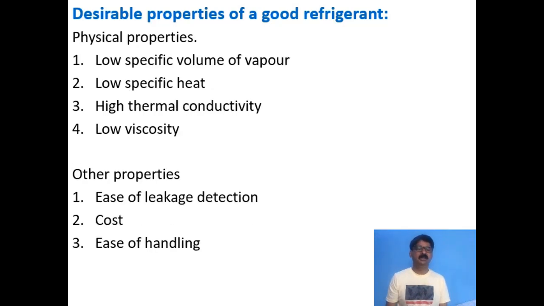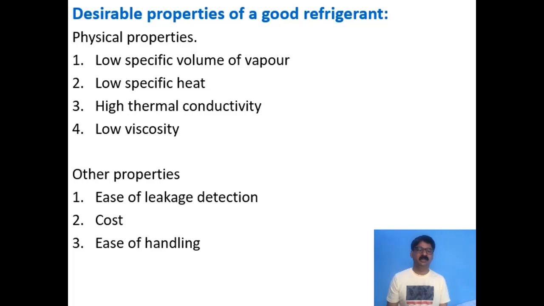Continuing with the desirable properties, coming to the physical properties, it should have a low specific volume of vapor. Specific volume is volume per unit mass of the substance. If it has less volume per kg of substance, it will occupy less space, so the mass flow rate of the refrigerant can easily be increased even in a smaller diameter pipe. And it should have a low specific heat.